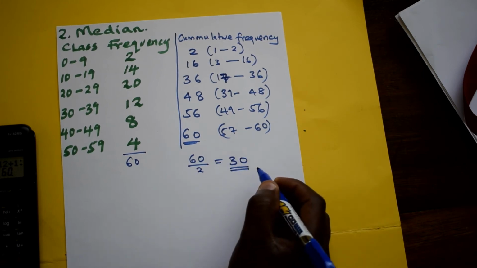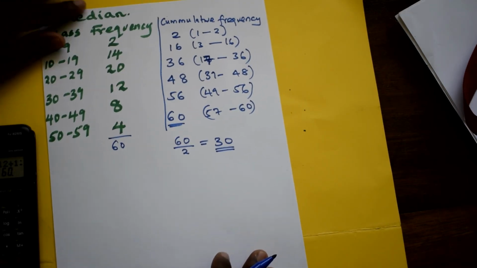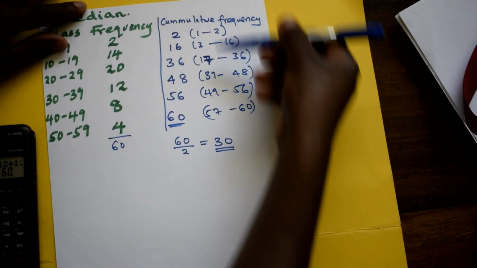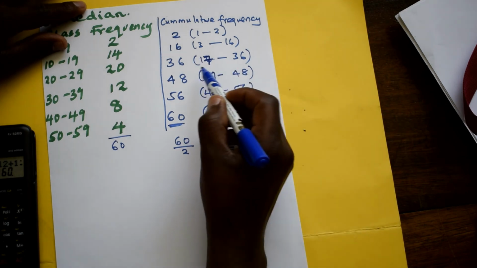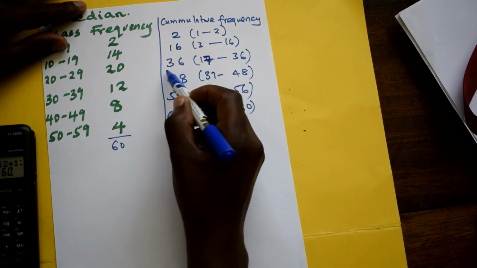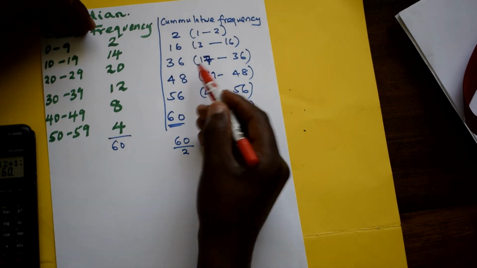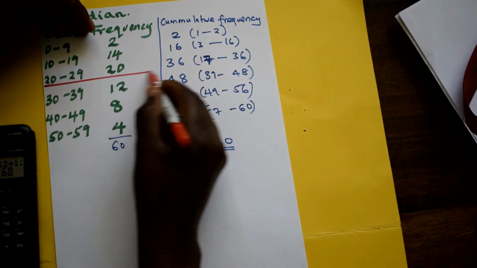And since this data is continuous, we are not going to calculate at 30 and 31, we only calculate at 30. That can be identified between these ones, and it lies in the class with cumulative frequency 36. This is where we pick, because 17 to 36 are in this class.